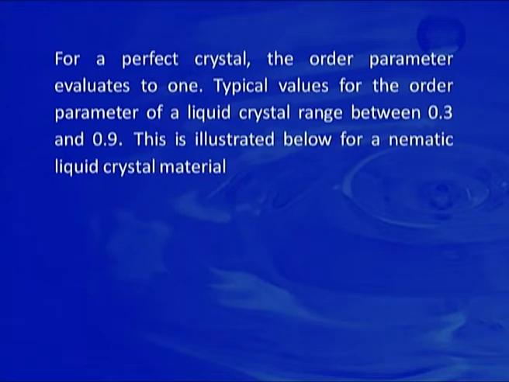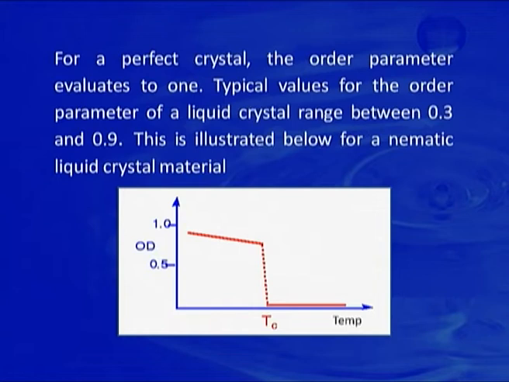Typical values for the order parameter of a liquid crystal range between 0.3 to 0.9. This is illustrated below for a nematic liquid crystal material. Here is the graph between temperature and the order parameter.